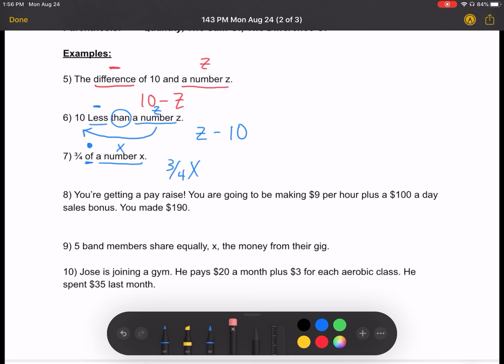You're getting a pay raise. You're going to be making $9 per hour plus $100 a day sales bonus. And then it says you made $190. Okay, and what we're looking for here is just the amount of pay in one day.